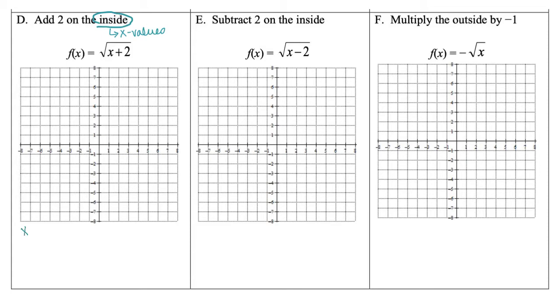You've got x and f of x. And start with your basic. We had 0, 0, 1, 1, and we also had 9, 3. Now this time, we're going to change our x values. So our y values, or f of x values, are going to stay the same.